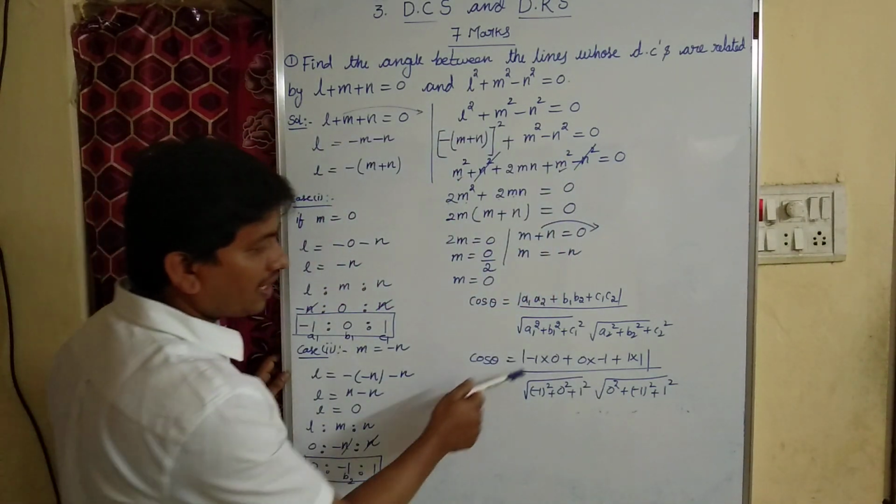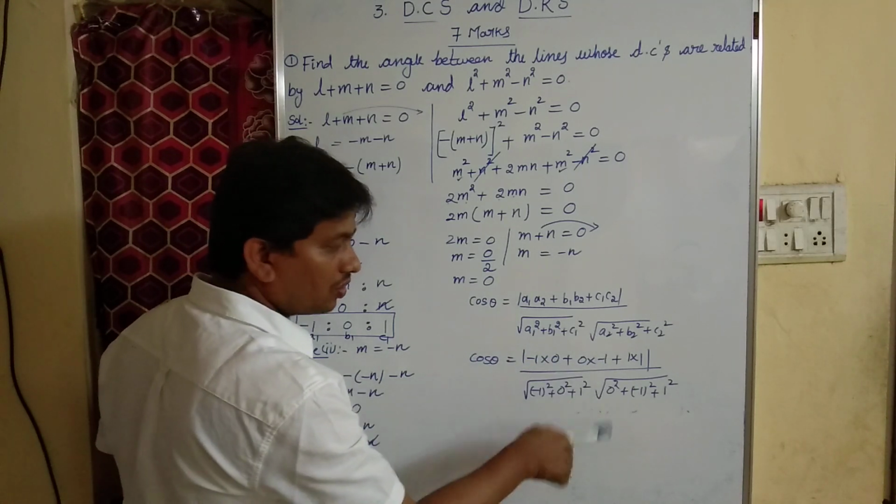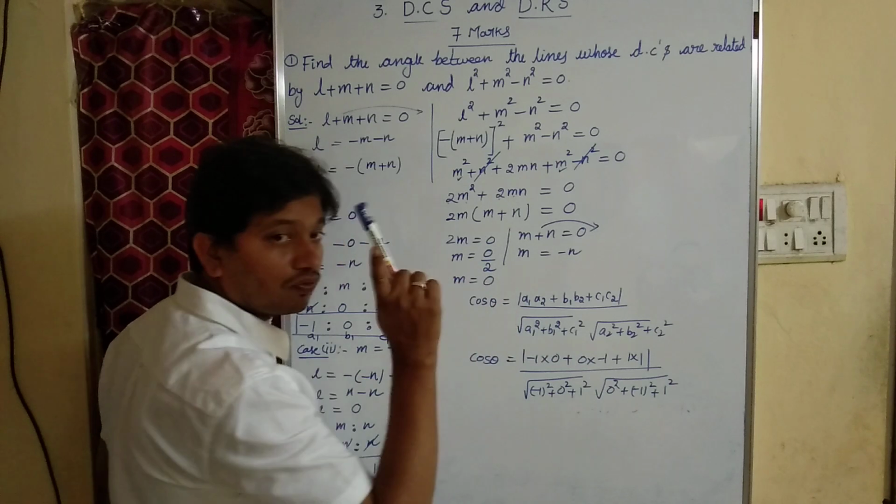Right? So minus 1 into 0 is 0, 0 into minus 1 is 0, plus 1 into 1, children.